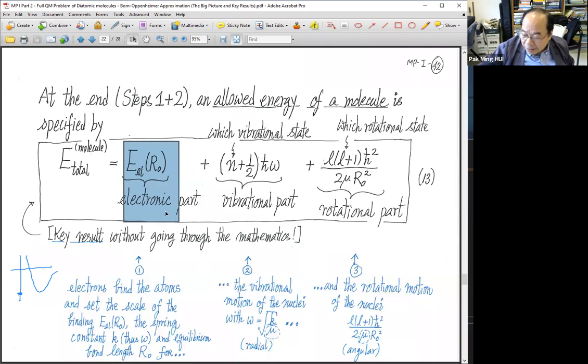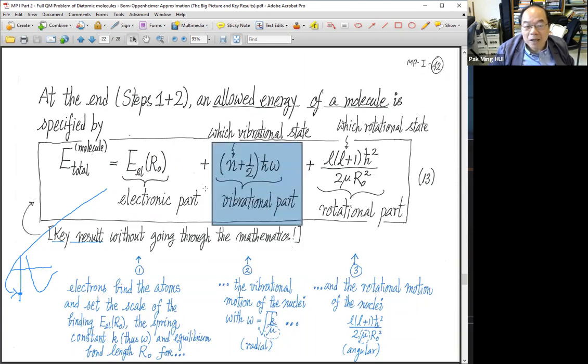But that is not the end of the story. This is just the electron part of the Hamiltonian. The full Hamiltonian has a nuclear motion part, and the nuclei see a profile. After you take that into account, due to nuclear motion there is a vibrational motion where n can take on 0, 1, 2, 3, and so on.